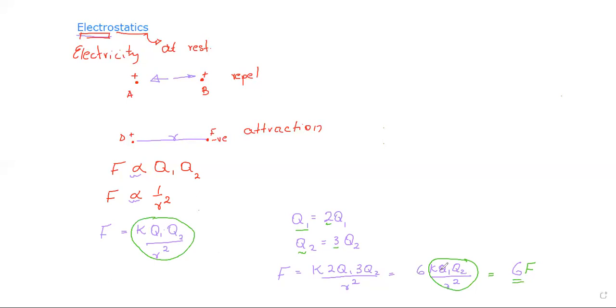Now let's see what happens when the distance between D and F increases by a factor of 3. We will have F equals Coulomb's constant, charge 1, charge 2, and we said the distance is increased by a factor of 3.